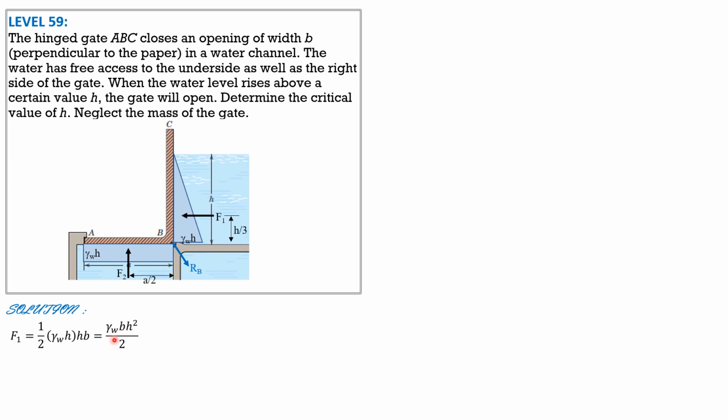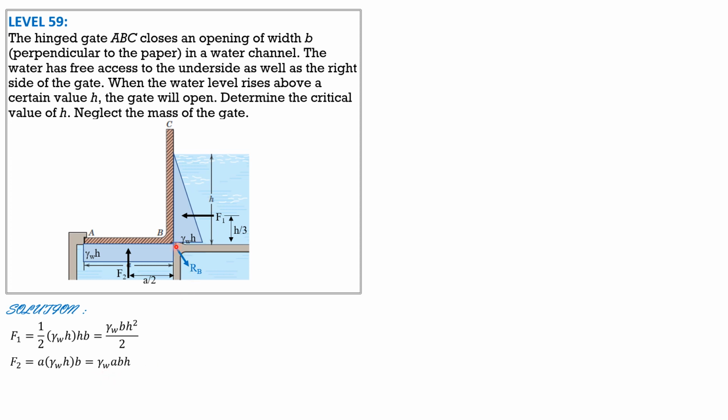Simplifying, it is specific weight of water BH square over 2, while F2 is A gamma H times B perpendicular to the board. So A times specific weight of water H, that's the area of the rectangle, times the dimension perpendicular to the board to make it volume, times B, so gamma of water ABH.